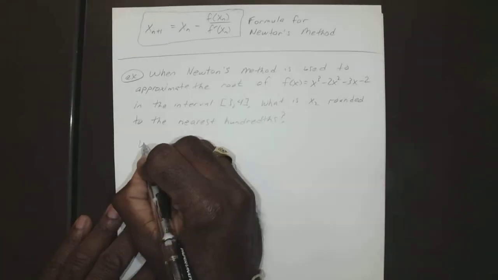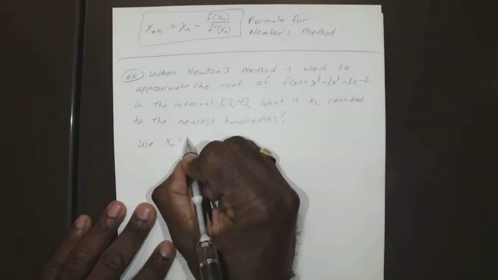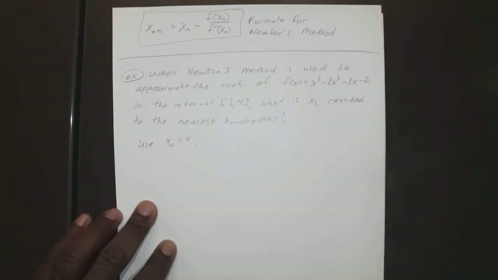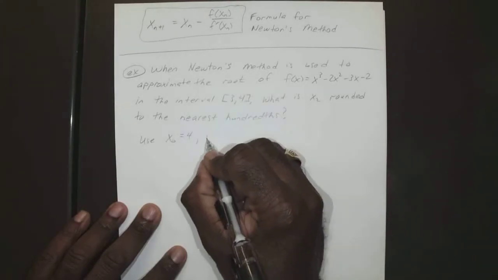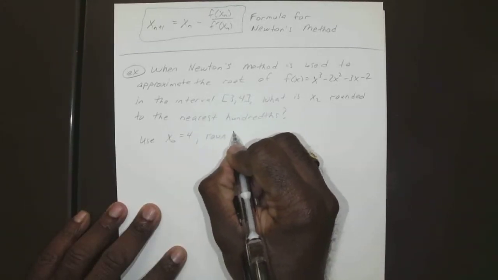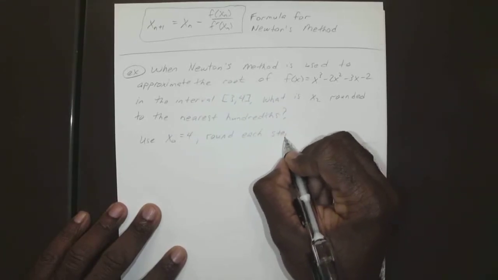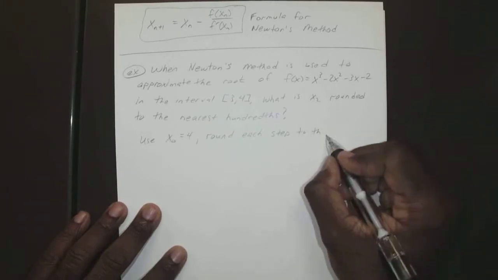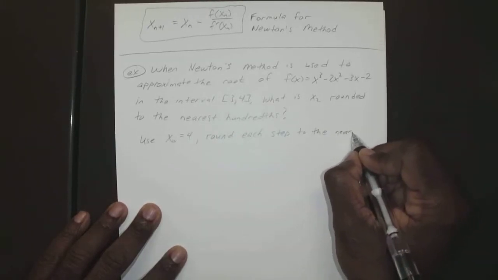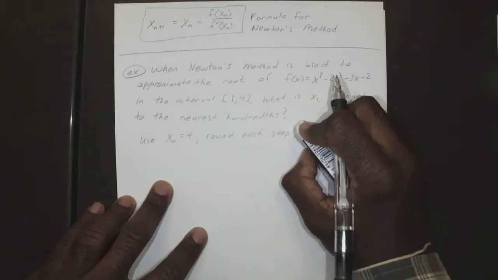Okay, and we're going to use x sub 0 equals 4, and we're going to round up for each iteration. That makes a difference.